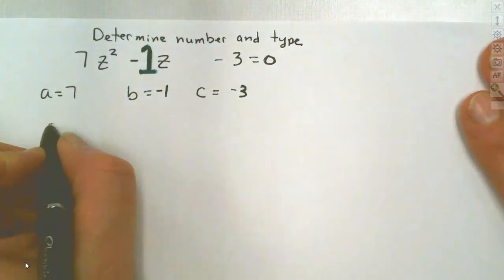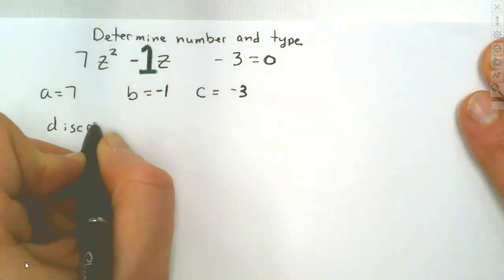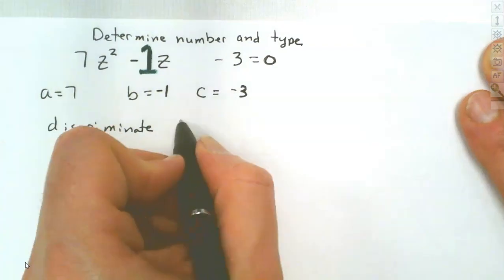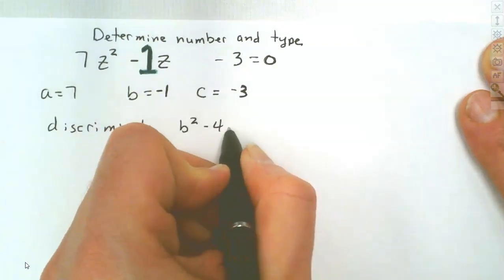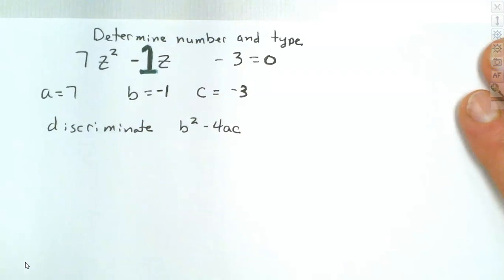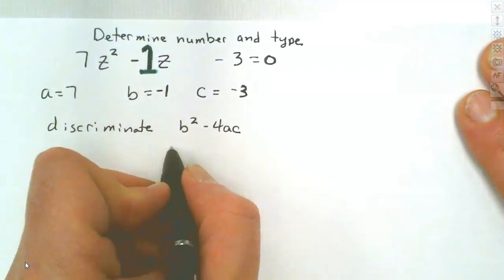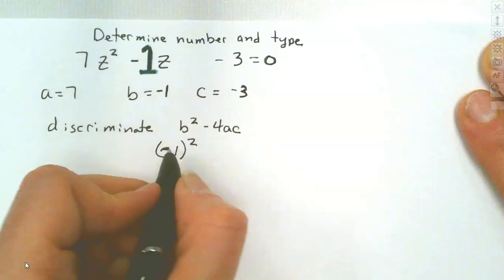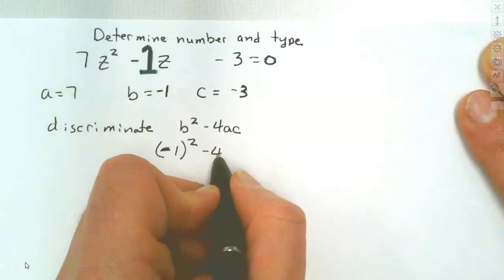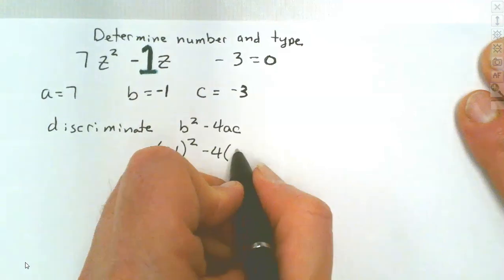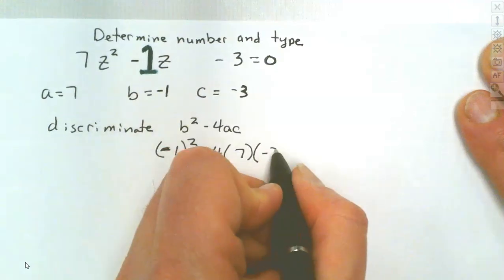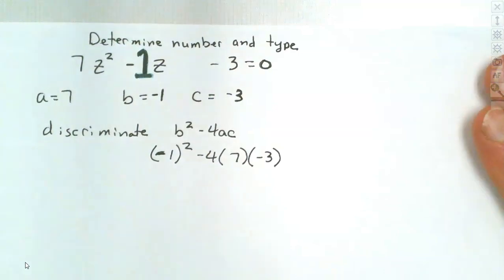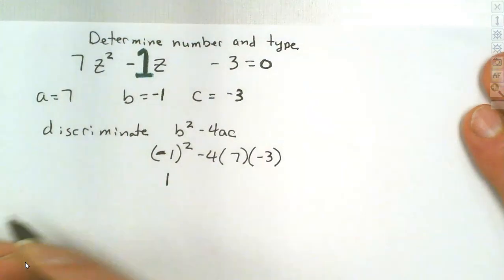So our discriminant is B squared minus 4AC. So that means we've got a minus 1 squared minus 4 times 7 times a negative 3. And we know minus 1 is a positive 1 when we square it.